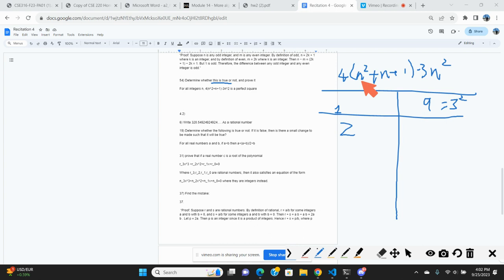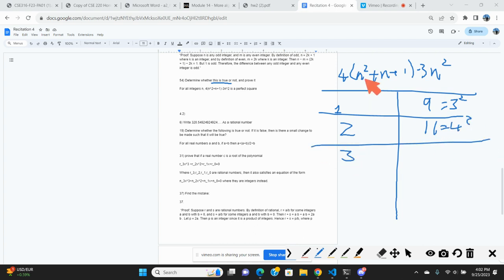For n equal to 2, this is 4 times 7 minus 12, which is 16, which is equal to 4 squared.